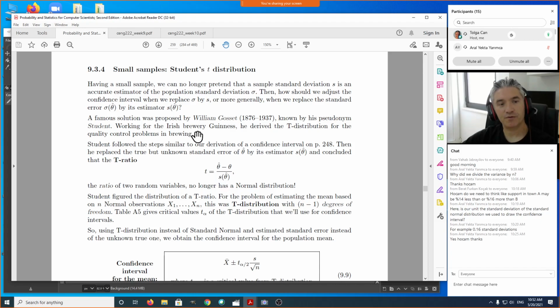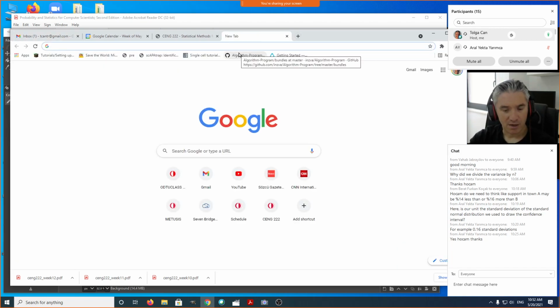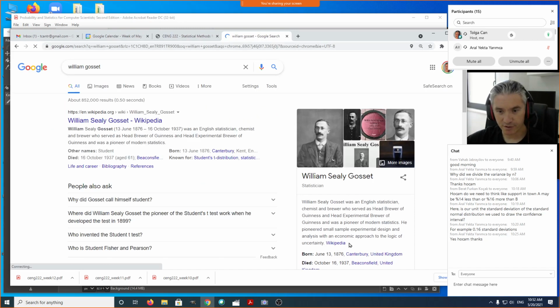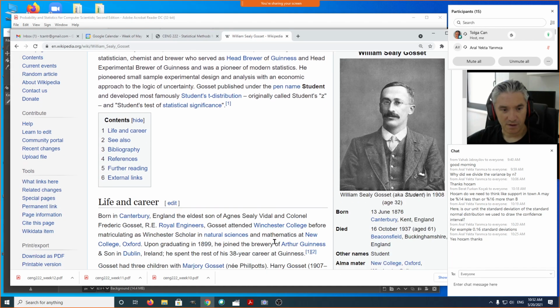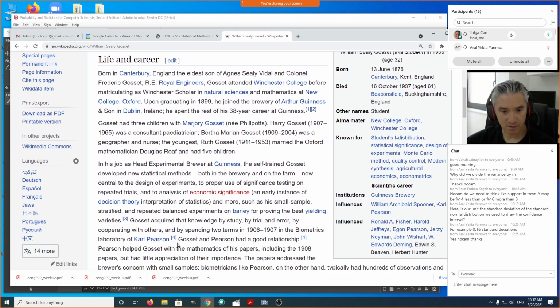Student's t distribution was first proposed by William Gosset. Student was actually the pseudonym he used when he published papers. I think he was a student of Pearson, if I'm not mistaken. Pearson is also a very well-known statistician. Let's verify this on Wikipedia. Biography: he went to the laboratory of Karl Pearson.